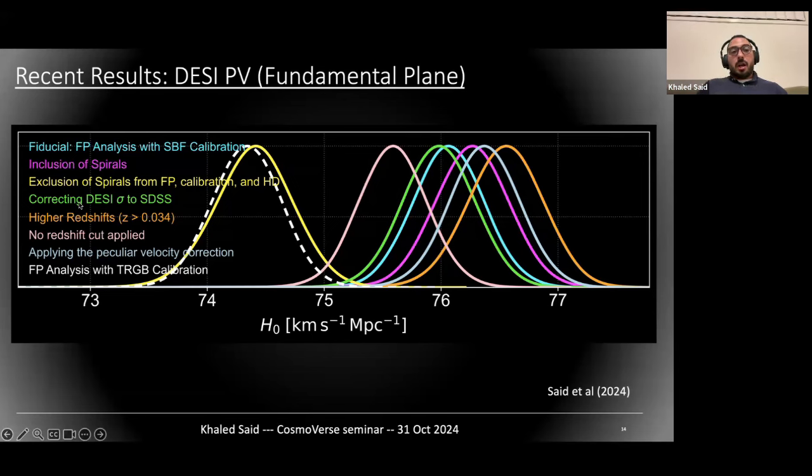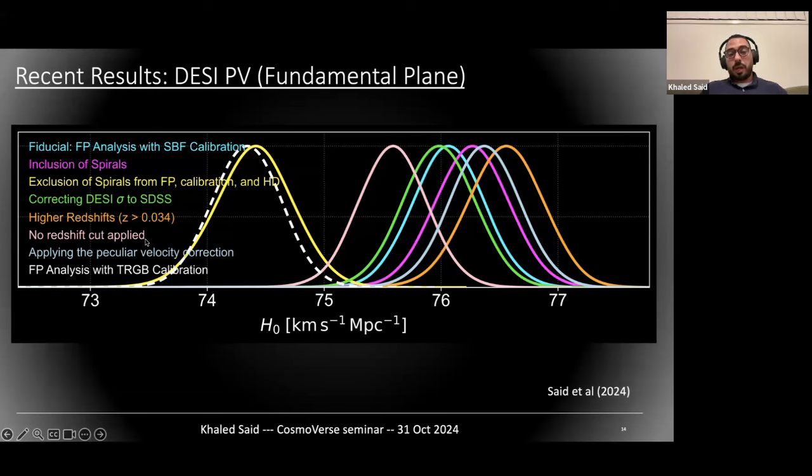You remember when I said our velocity dispersion doesn't agree very well with SDSS. So we actually tested for this. What if we move all our DESI velocity dispersions to SDSS, calibrating DESI to SDSS, and get the same results? The effect is tiny, very small.